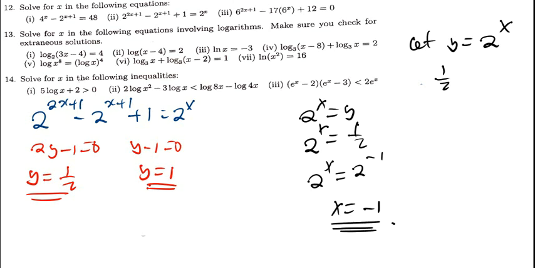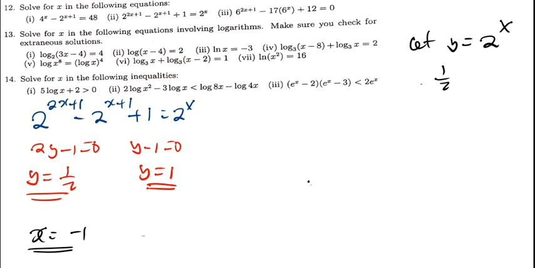Then, after finding x to be equal to negative 1, I'll go ahead and now plug in 1 where there is y. I'll say 2 to the power x is equal to y. Where there is y, put 1. I cannot make the base to be the same, I'll introduce ln. ln of 2 to the power x is equal to ln 1. ln 1 is 0.